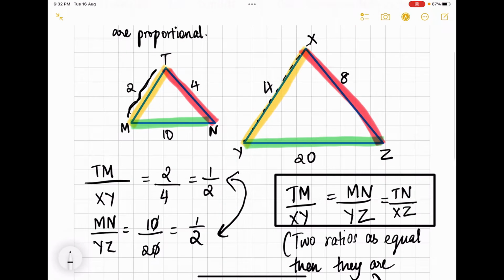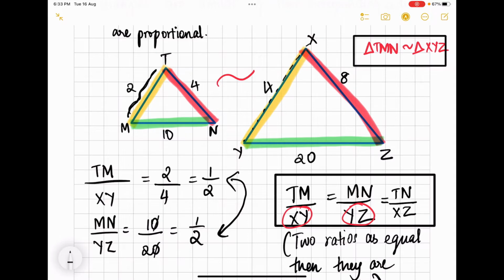So then I can say that these two triangles are similar. That is, triangle TMN is similar to triangle XYZ. Now mind you, TM corresponds to XY, so I will write XY first. MN corresponds to YZ, so I will write YZ next. That's how you write it.